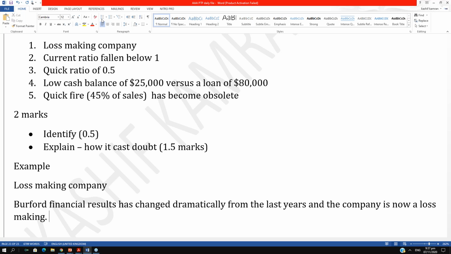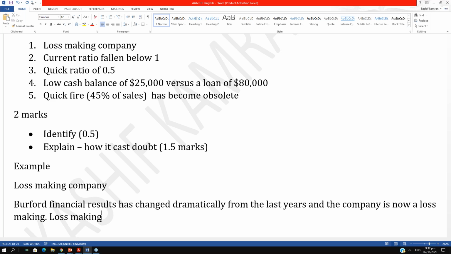Did they have profit last year? So has it been a dramatic change from the last year to this year, everyone? Right? So Burford financial results have changed dramatically from the last year, and the company is now loss making.